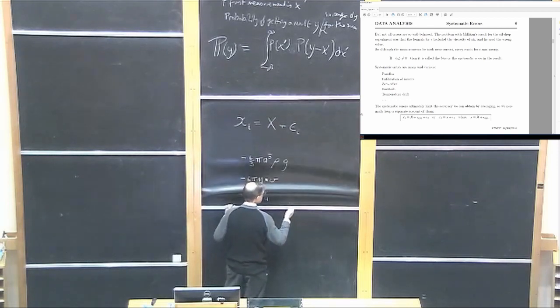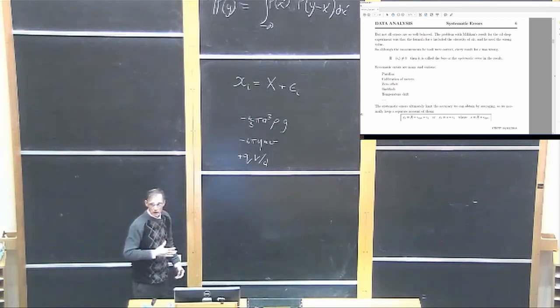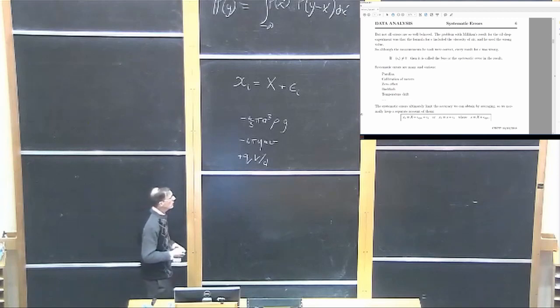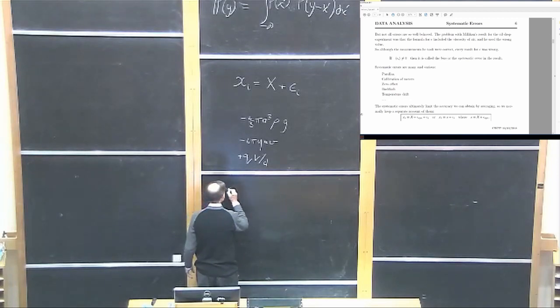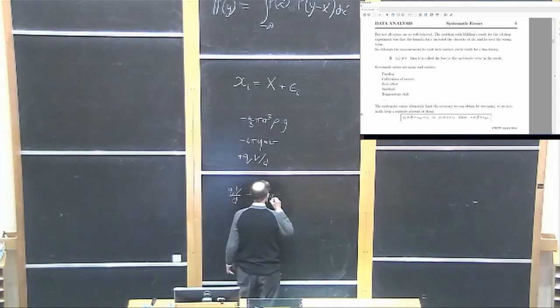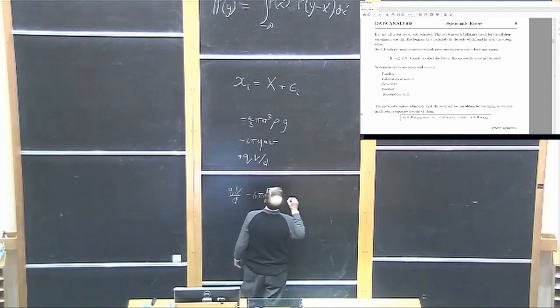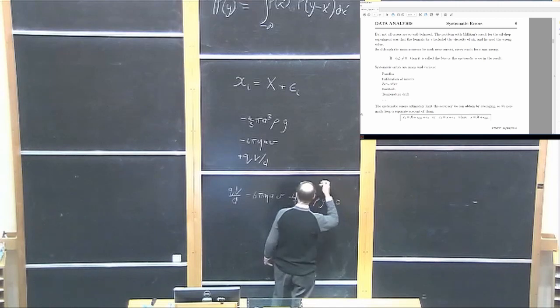And at terminal velocity, it's moving with a constant velocity, so there is no net force. So these forces must balance. So we must have, at terminal velocity, QV over D minus 6 pi eta A v minus 4/3 pi A cubed rho g equals naught.